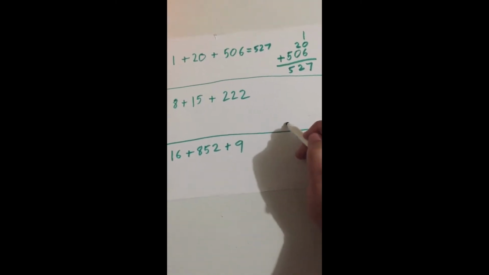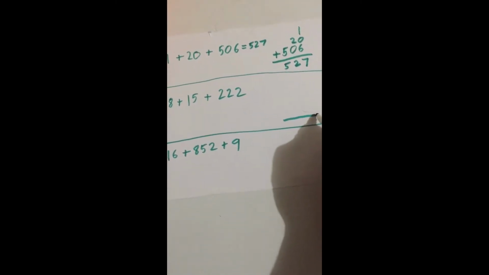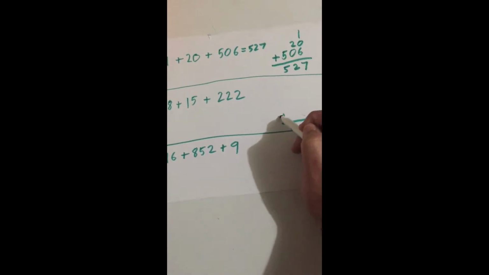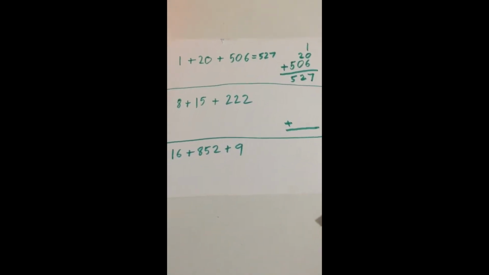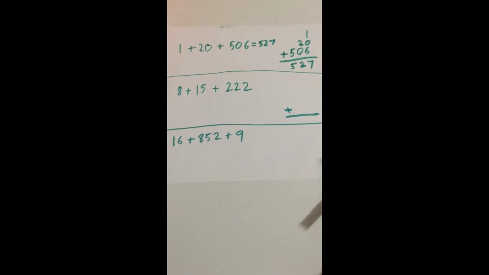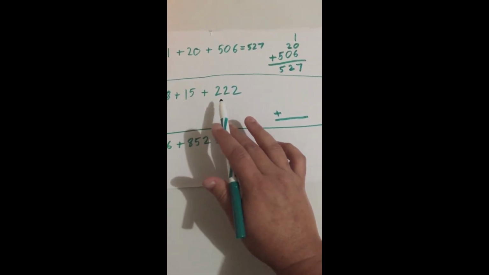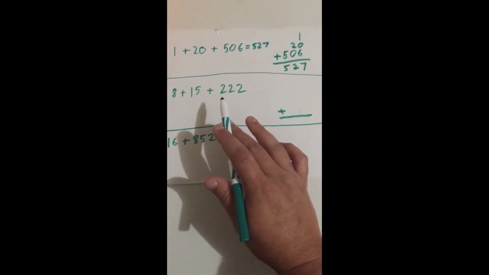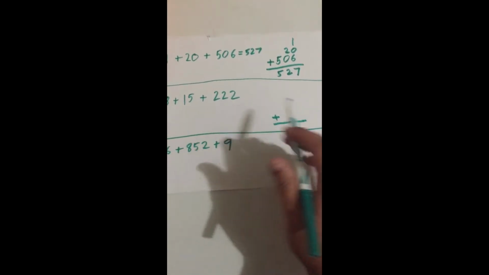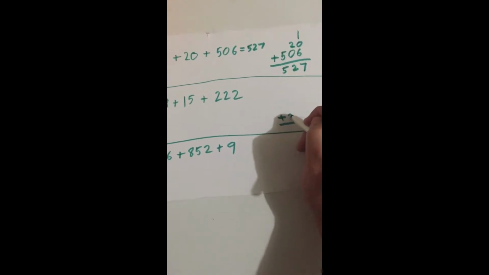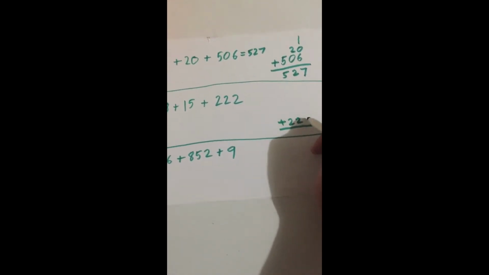Okay, so we'll go ahead and do the next one. We'll go ahead and draw our line for our answer, with our plus symbol. And we're going to go real basic. So which one's the biggest number? 8, 15, or 222? 222, I believe, right? So we'll write the 200 and the 22.